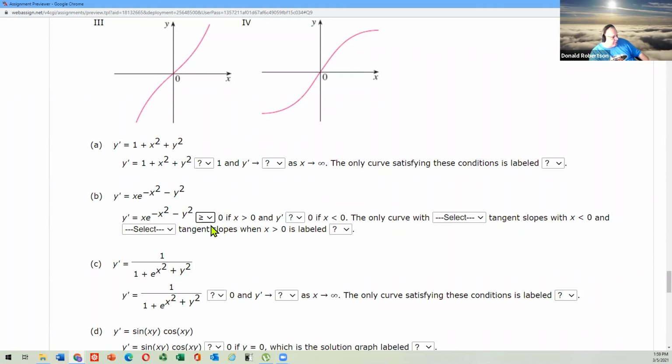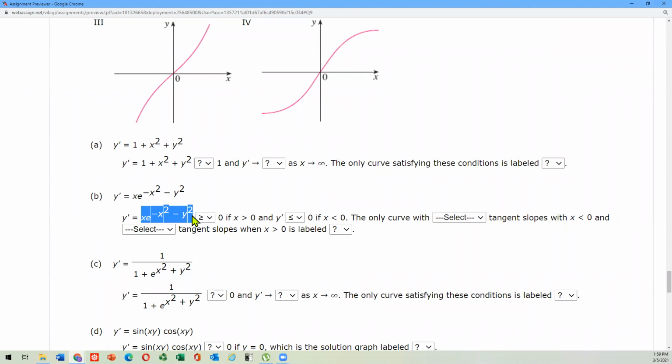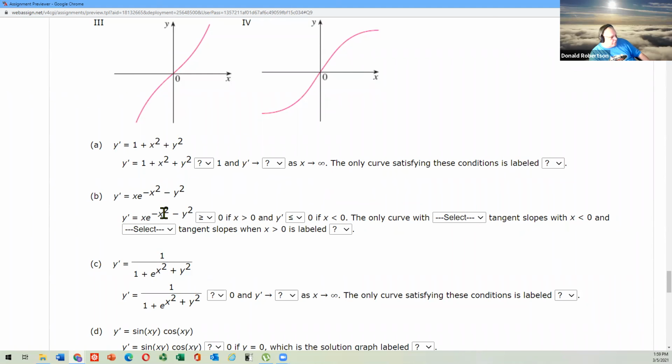Now, what that tells me is that this thing here will be greater than or equal to 0 when x is greater than 0. And this derivative will be less than or equal to 0 when x is less than 0. So this expression will have a positive answer, and therefore it's increasing. It only cares what x is. So if x is plus 2, it's positive.